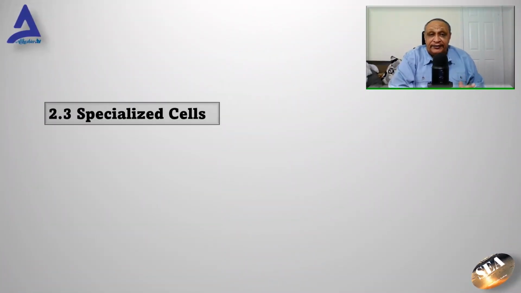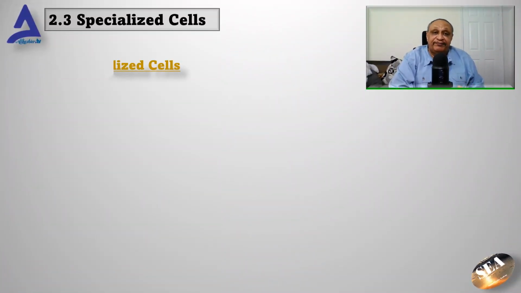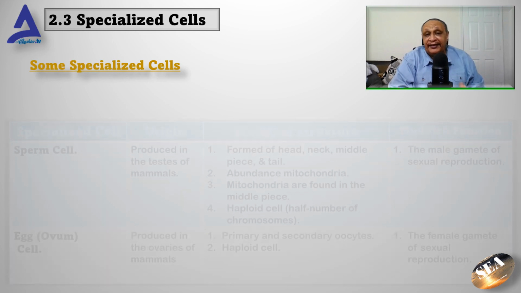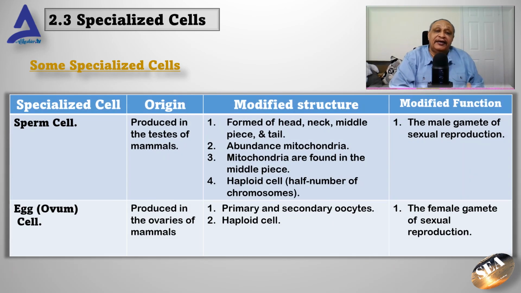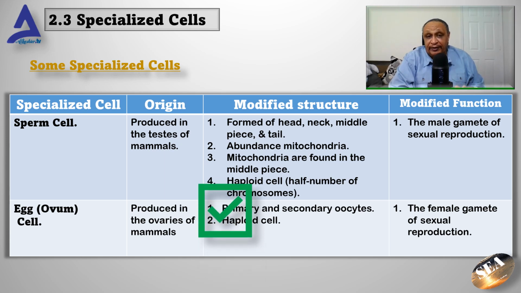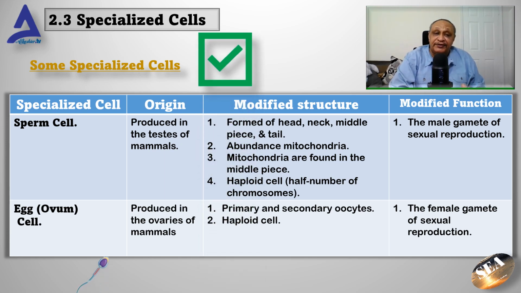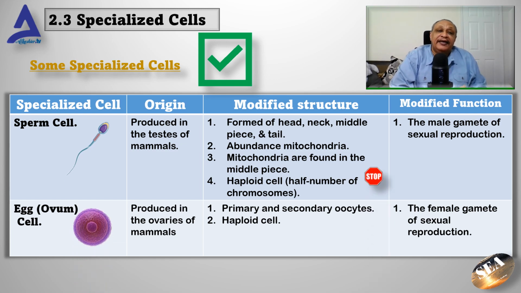Another two specialized cells we should study together are found in your book and are part of your curriculum. They are the sperm cell and the egg cell, or the ovum. The sperm cell is produced by the testes of mammals.